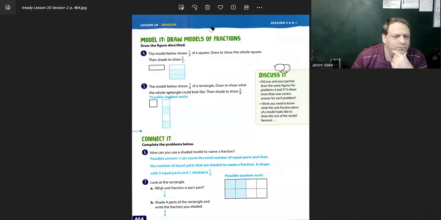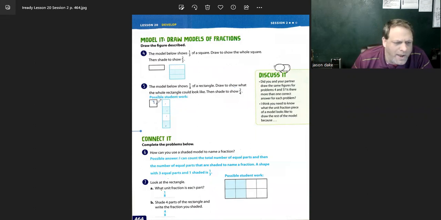All right. So let's draw another one on number 5. The model bar shows 1/4 of a rectangle. Well, look at these little squares here. There's 4 squares, 1, 2, 3, 4, to form a rectangle, and they took one out.